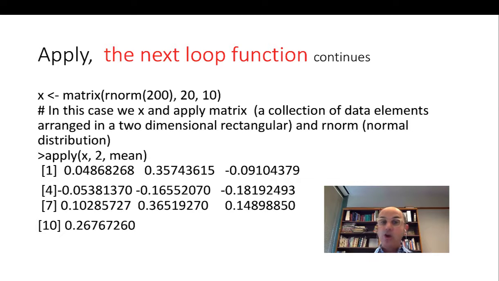If I have a container and I call it x, a matrix, with a random distribution of 200 values, 10 by 20, then I will say apply x, 2, mean. It will give me the condition that I stated, in one line instead of me repeating again and again, so the function of the loop is already embedded in the code itself.